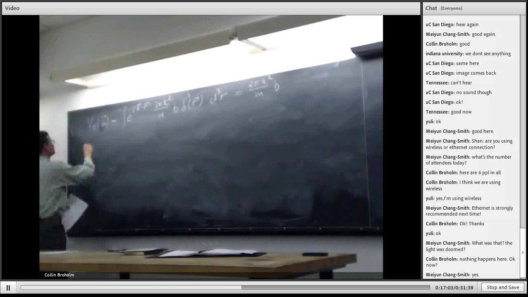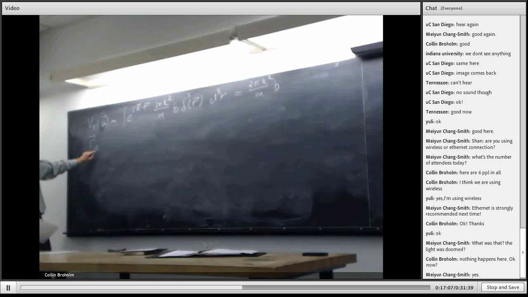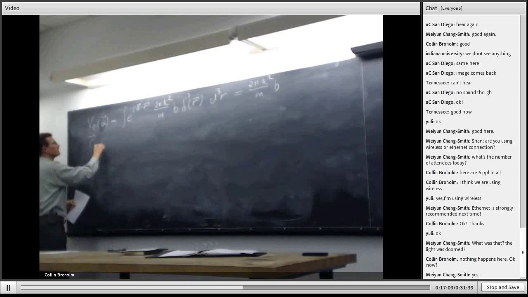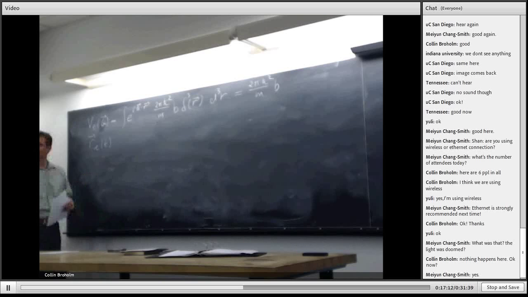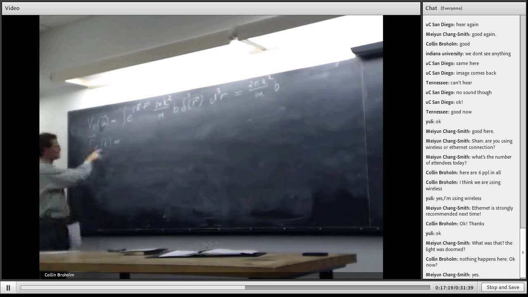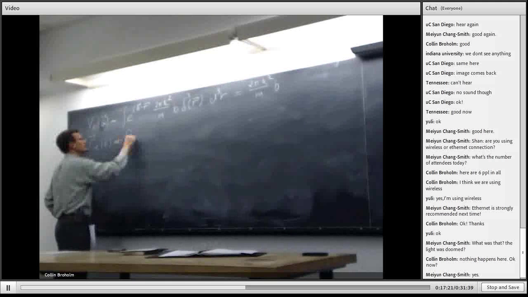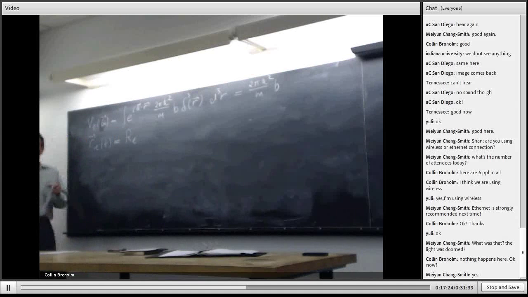So it means that my position coordinates, which for an atom at position L, are now actually going to become time-dependent. These will now become time-dependent operators, because we're working in the language of these time-dependent operators. And we will have one term which is the average position that belongs to that atom.